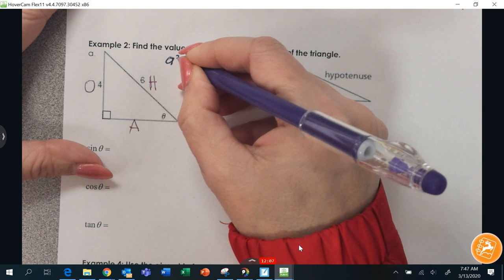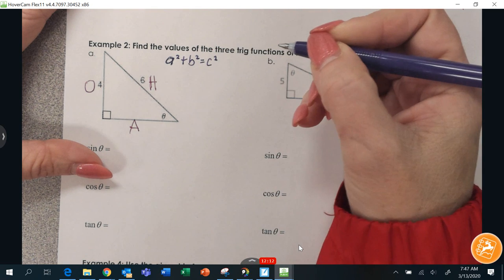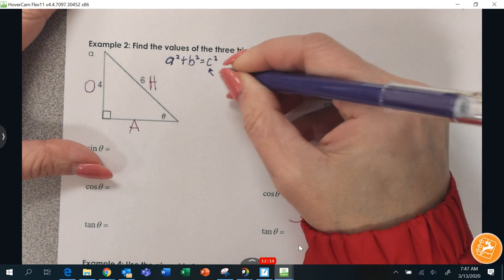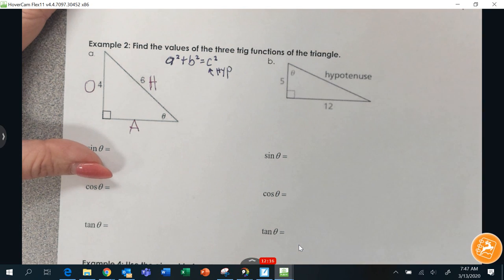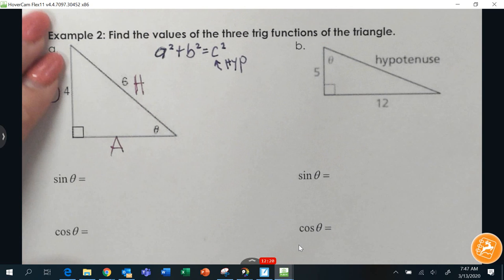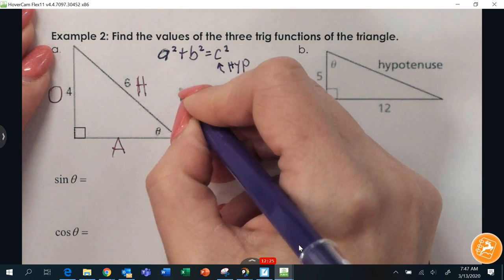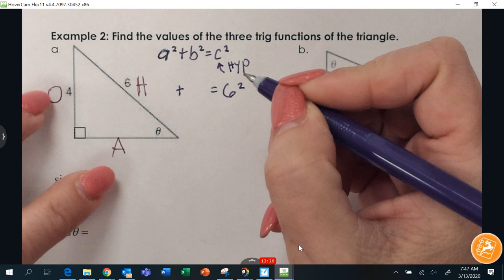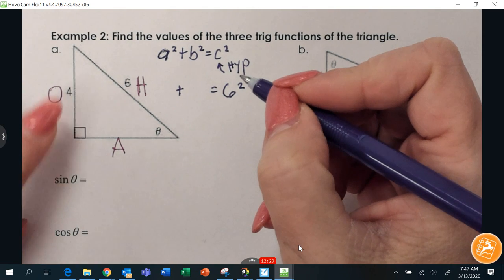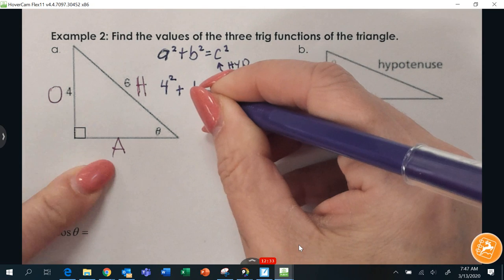A squared plus B squared equals C squared, where C is the hypotenuse. Right? So let's see. Hypotenuse is 6, so I'm going to have 6 squared over on this side. Remember, A and B don't matter, so I'll just make A 4, and B is the side I don't know.